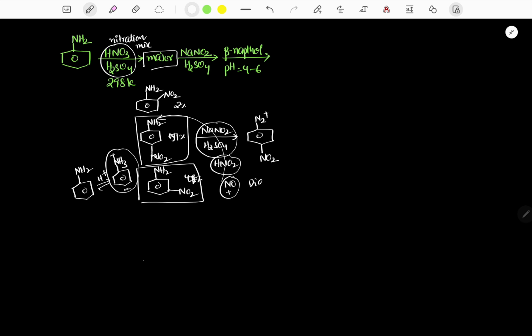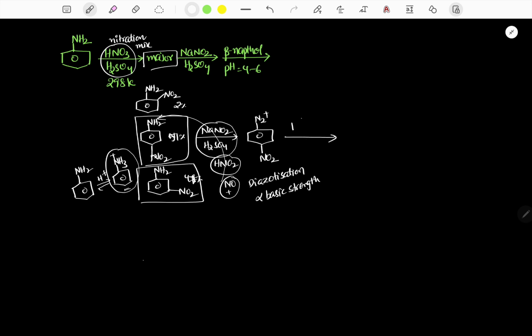This reaction is called diazotization. And diazotization is directly proportional to basic strength. That means a stronger base reacts faster in diazotization.